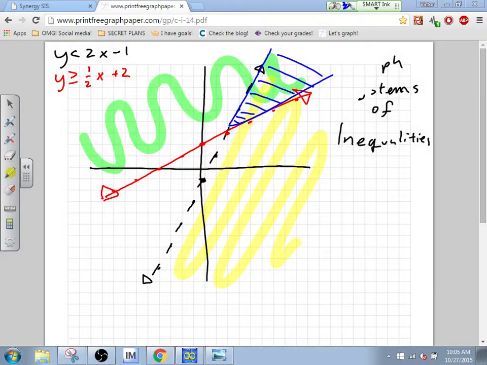And so, if this were our system of inequalities, this point here, not a solution. This point here, definitely not a solution. This point here, not a solution. But this here is the solution. That area where they're both true at the same time.